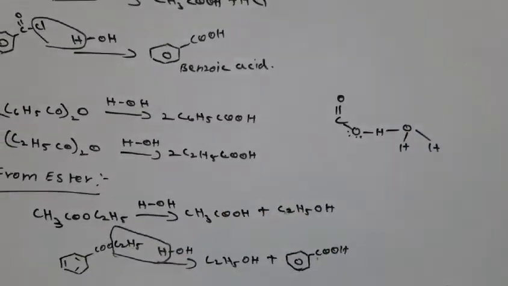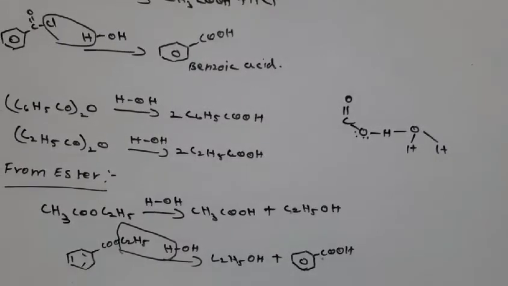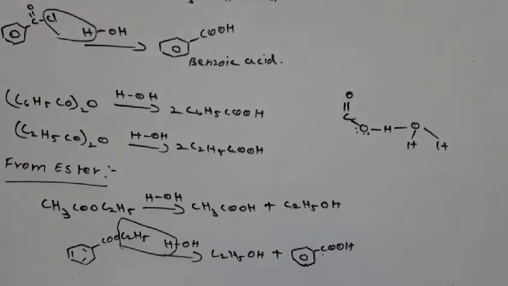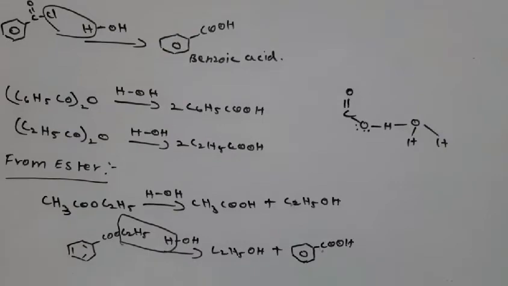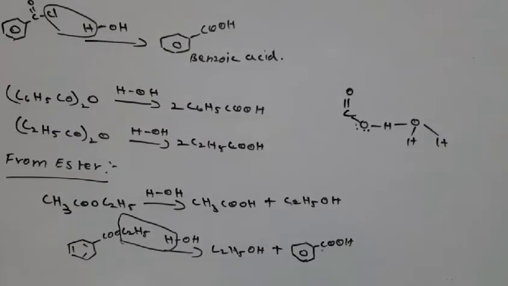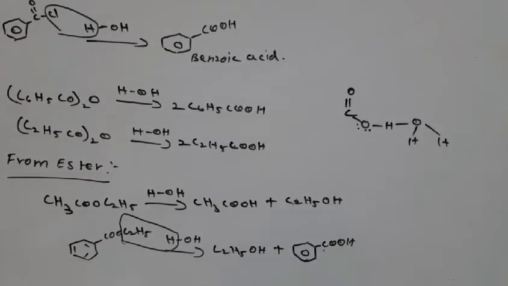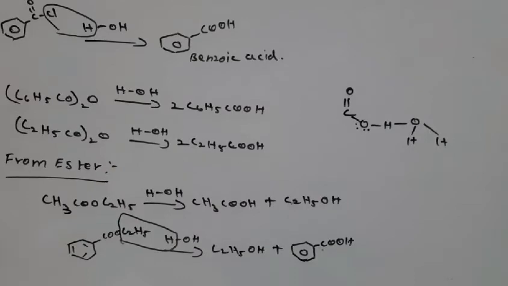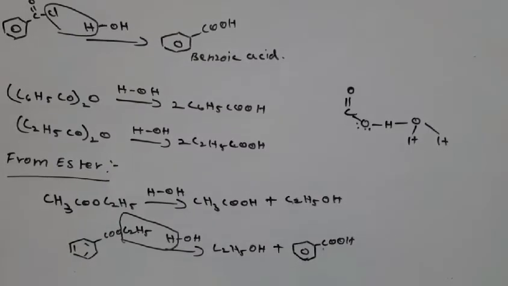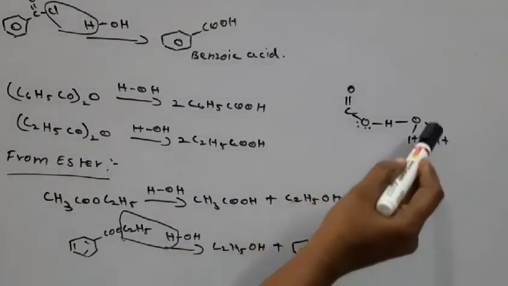And regarding boiling point, I already taught you: we studied hydrocarbons, aldehyde, ketone, alcohol; which one has the higher boiling point? The acid group has the higher boiling point because of intermolecular hydrogen bonding.